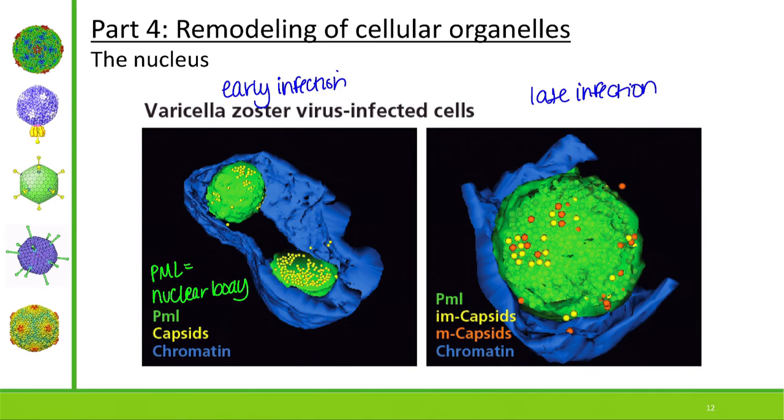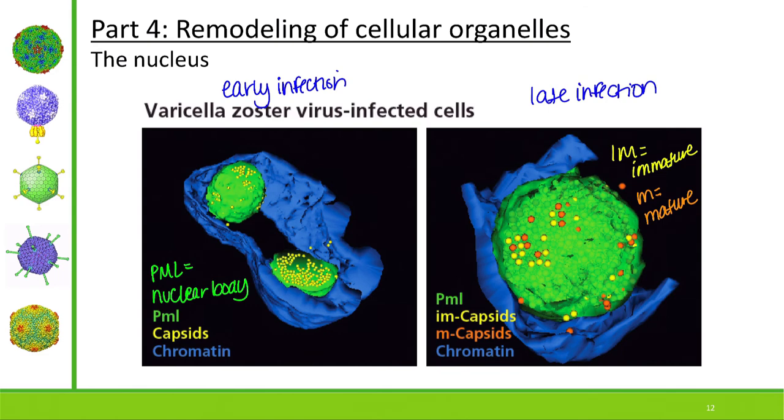So the yellow IM ones, let me make sure I match my colors here. So the yellow IM ones are the immature capsid. So if you think back to our last topic, we talked about how herpes virus actually makes a procapsid, and then that procapsid then expands as the DNA is pumped into it.